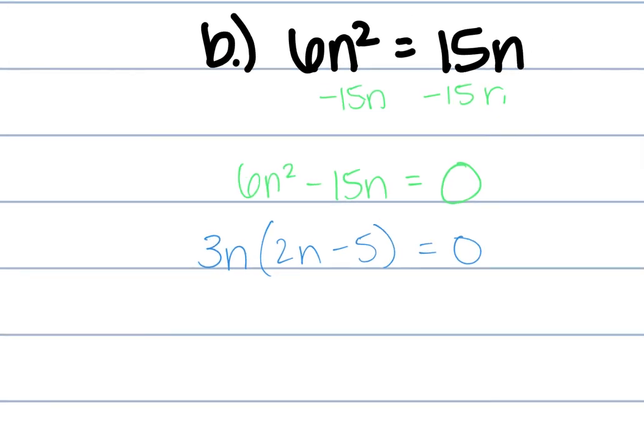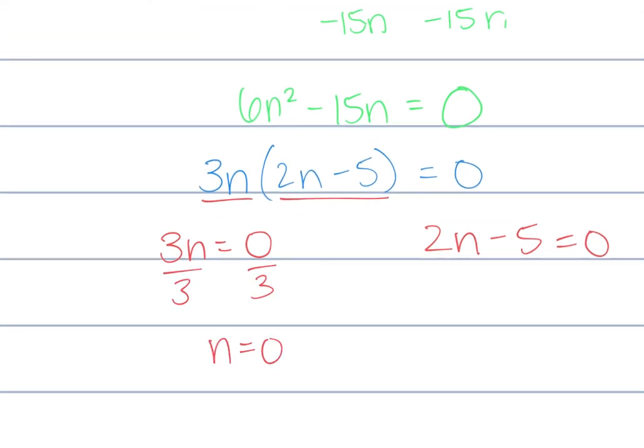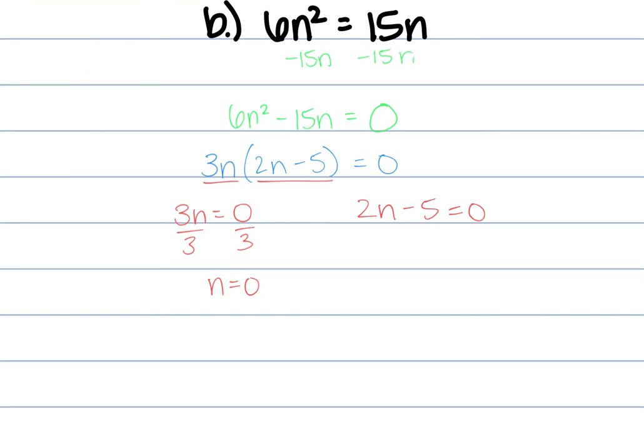You set both of these equal to 0. 3n equals 0, and 2n minus 5 equals 0. Divide by 3, n equals 0. Add 5, 2n equals 5. Divide by 2, n equals 5 over 2.